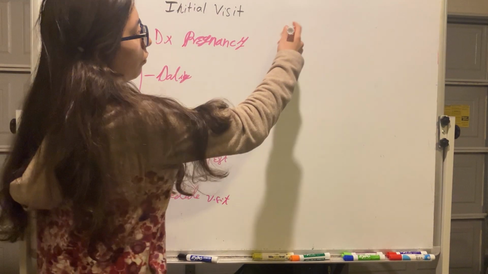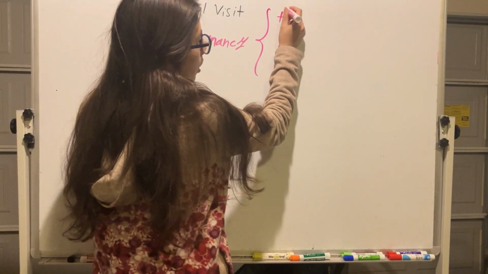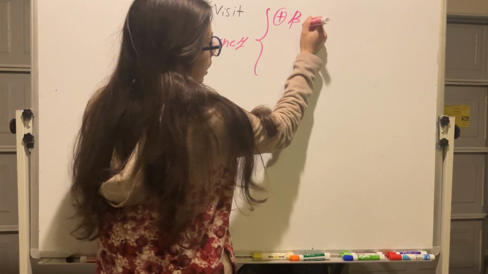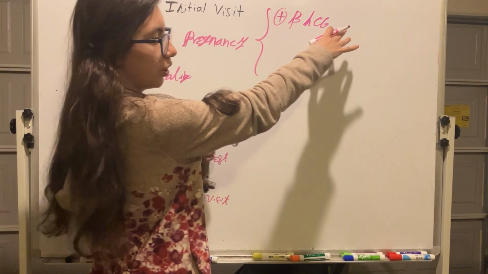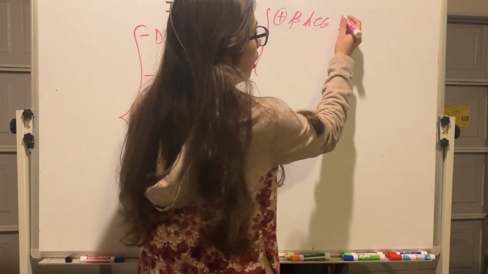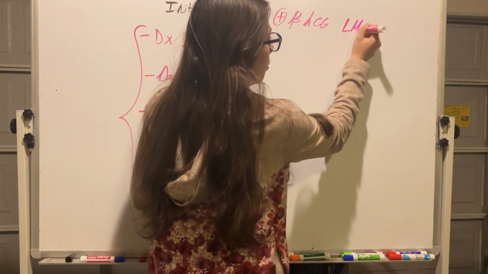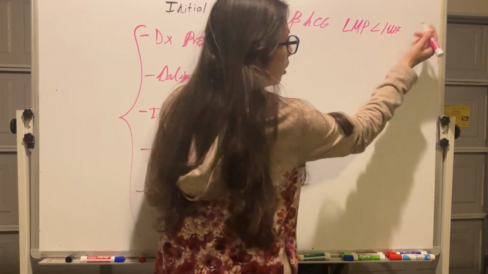So the diagnosis of pregnancy, most of the time we do it with a positive beta HCG. This is the preferred method to confirm pregnancy if the last menstrual period is less than 1 week later.